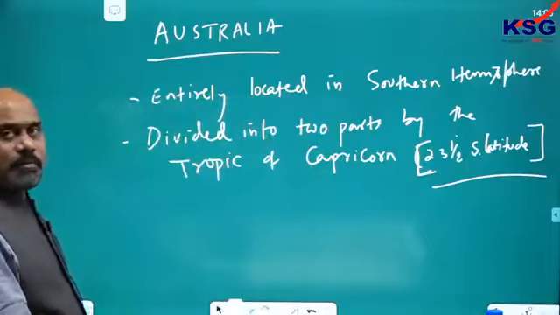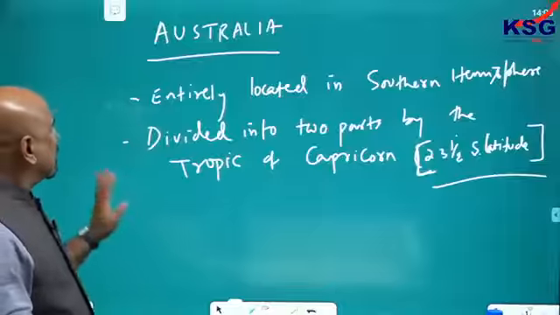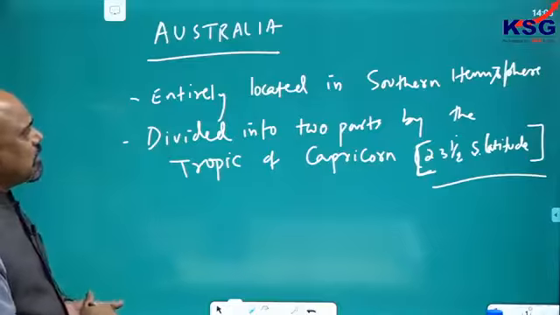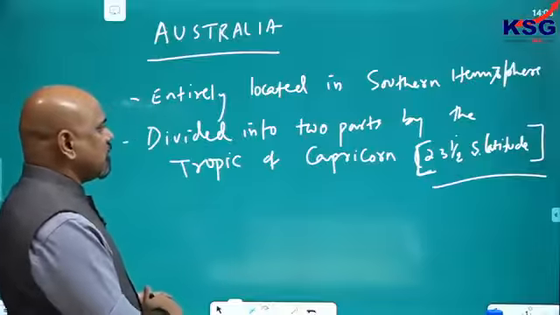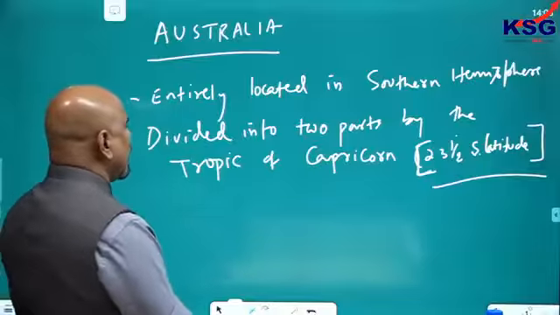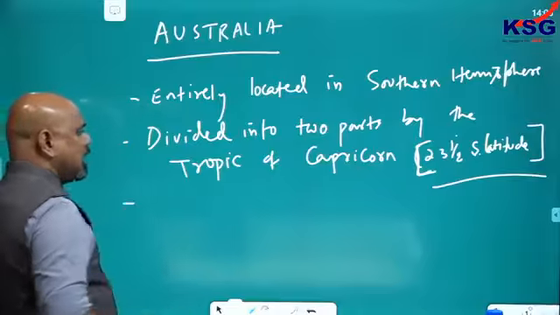So, I said Australia is entirely located in the southern hemisphere, divided into two parts by the Tropic of Capricorn. It has islands.